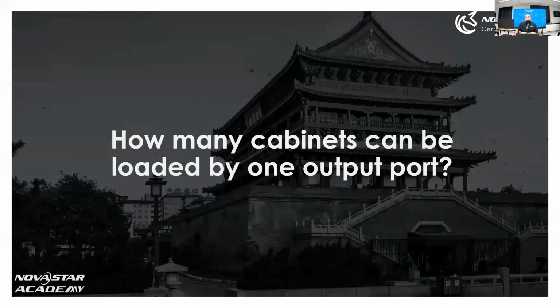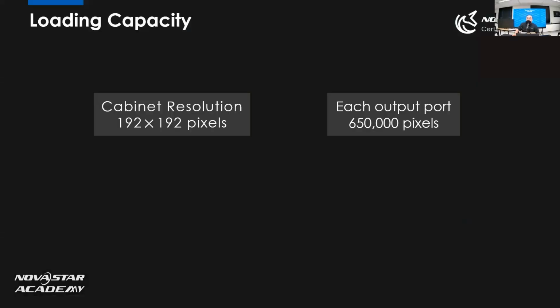But how can we know how many cabinets can be loaded by one output? This will be the question, right? We need to know how to calculate it, and we need to know the steps we're going to use. So here we have an example where the cabinet resolution is 192 by 192 pixels.